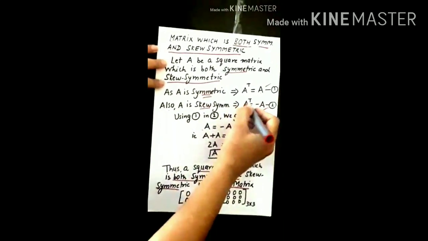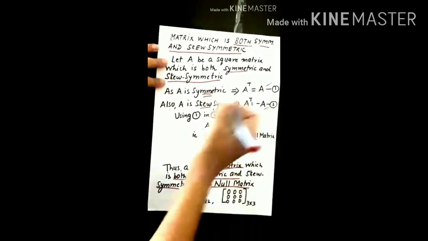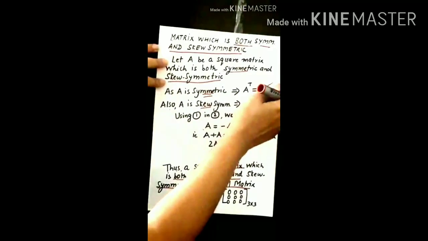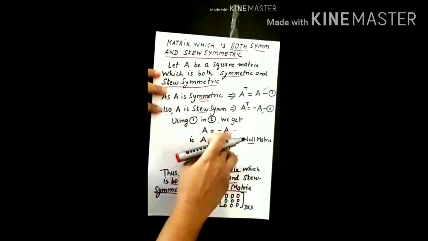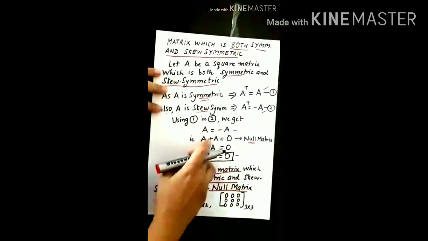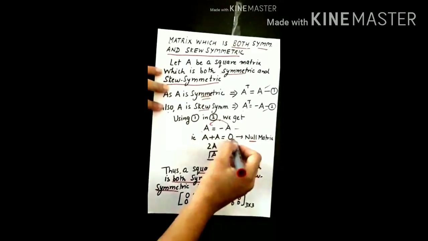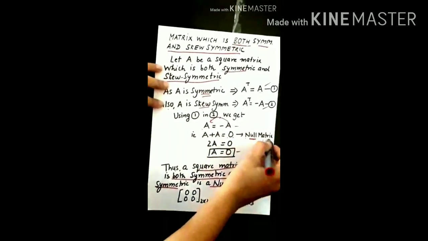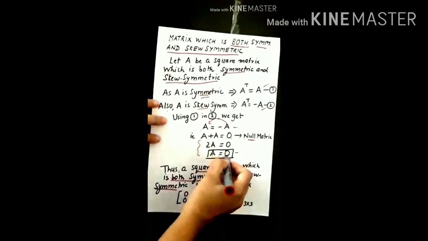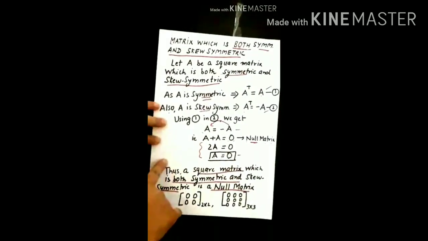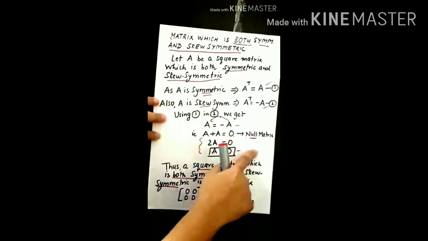So again, by definition of skew-symmetric matrix, transpose of A should be equal to negative of A. So from these two equations, we have A is equal to negative of A, which implies that A plus A is equal to O, and here O stands for the null matrix. And this will give you A is equal to O, which means that a matrix which is both symmetric and skew-symmetric is a null matrix.